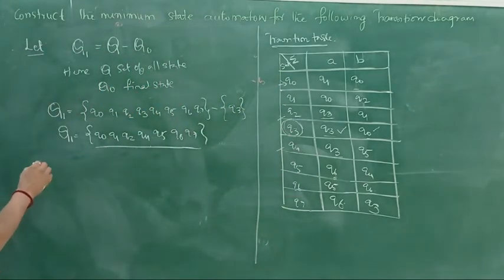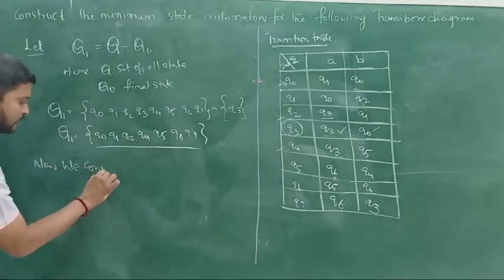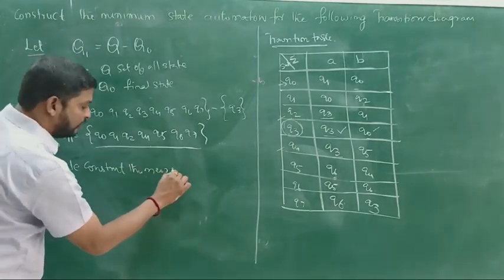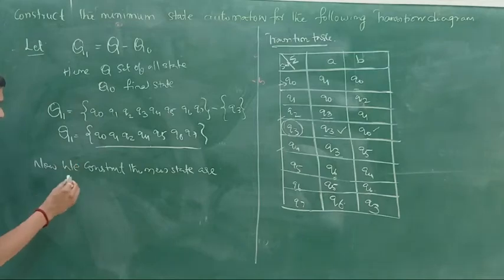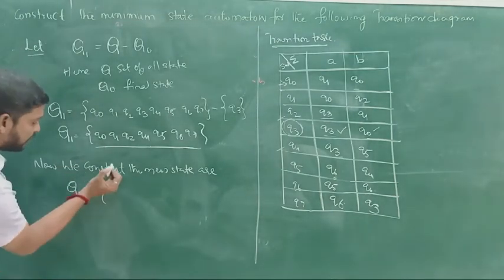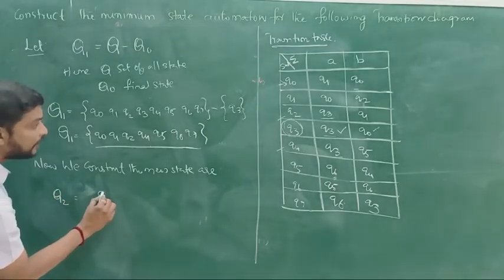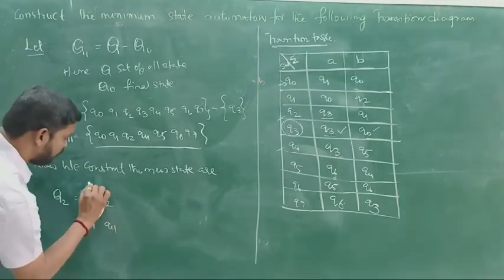Okay, now we can construct the new states. The first set is given q2 is equal to q2, so the states will be q2 and the next one is q4, so q2 q4.